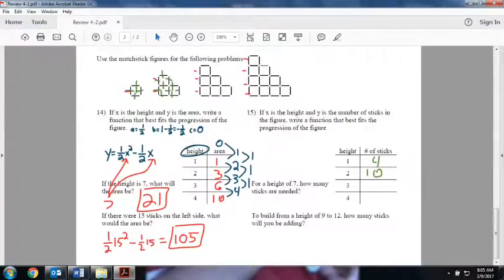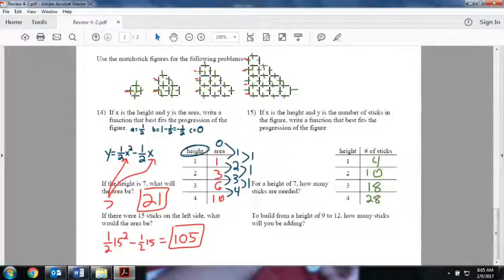The next one has 18 sticks. And the last one has 28 sticks in that pile.